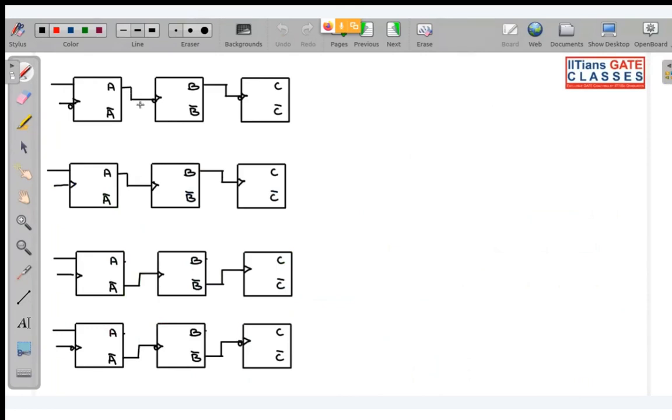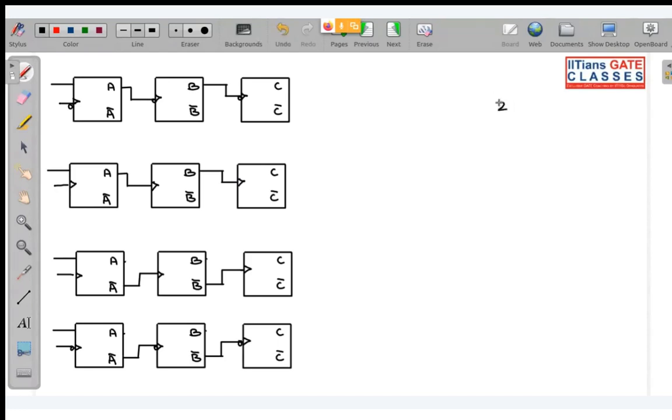So look over here. I have taken all the possibilities over here, that when you have negative edge triggered and you take your clock pulses from normal outputs, when you have positive edge trigger and you take output from your normal, if you have positive edge and you take output from your complemented output, and if you have negative edge triggered and you take output from basically complemented output. So basically there will be four combinations. How?